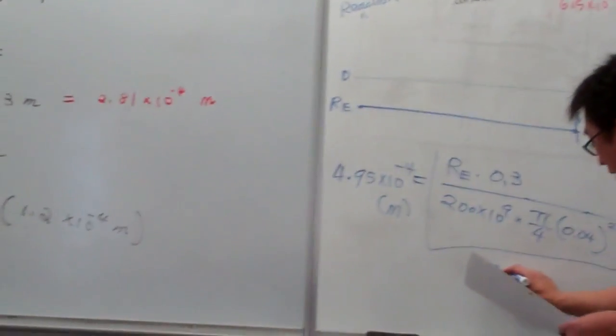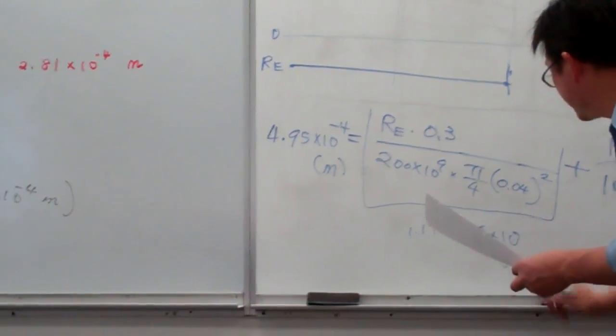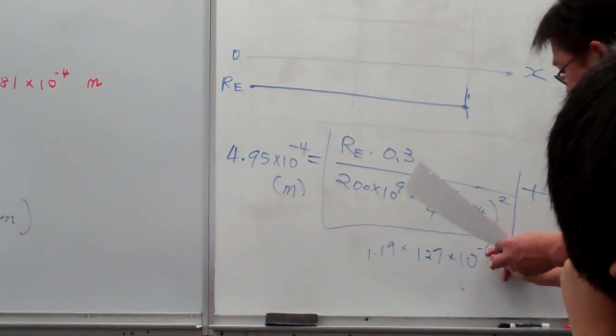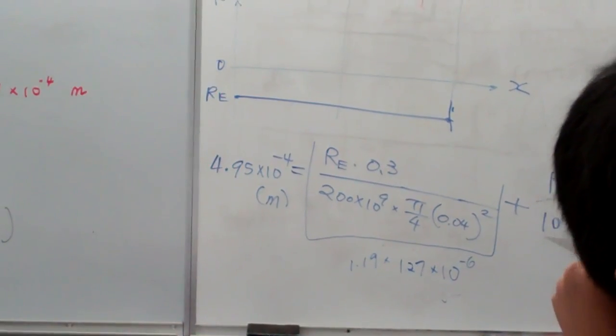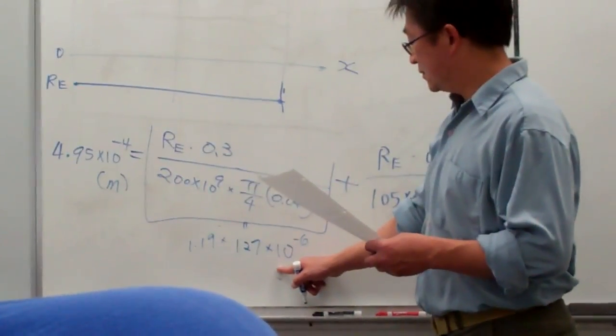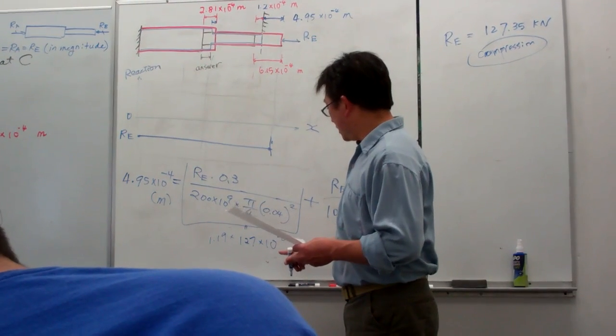1.19 times reaction, 127 times 10 to the minus 6. Wait, is that the reaction force? Wouldn't that be 10 to the third, because that's in kilonewtons?